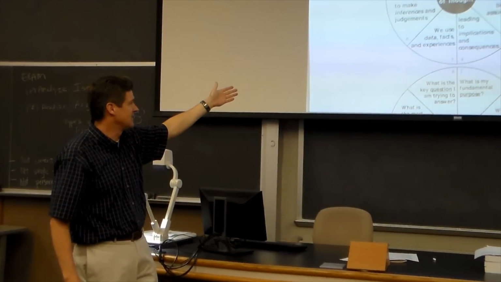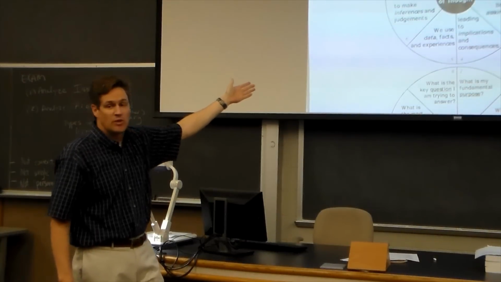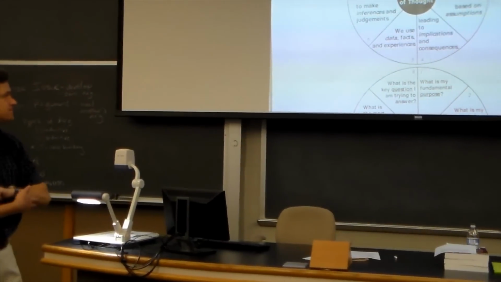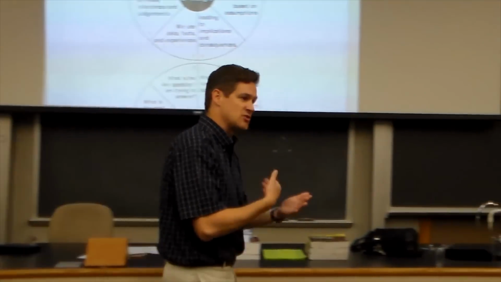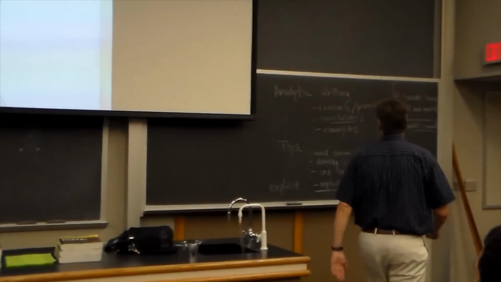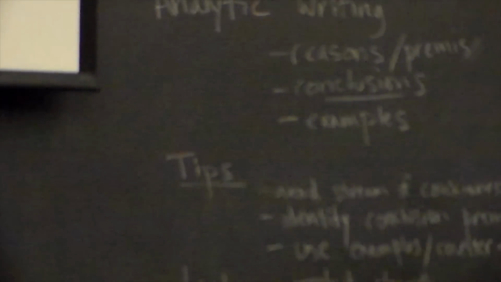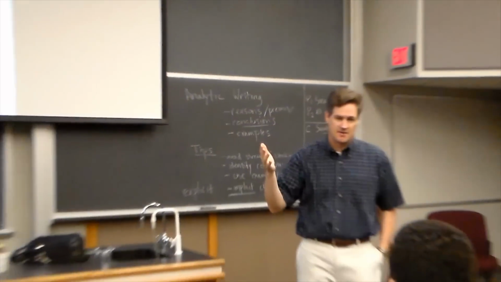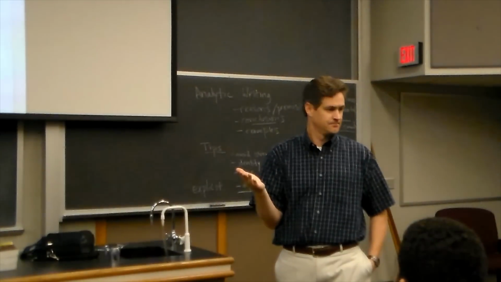We use data, facts, and experiences. And we use those to make judgments or inferences. Right? So this is where the real rubber hits the road in analytical writing. Right? Your reasons, your premises are examples, facts, experiences, data that lead to a conclusion. Okay?